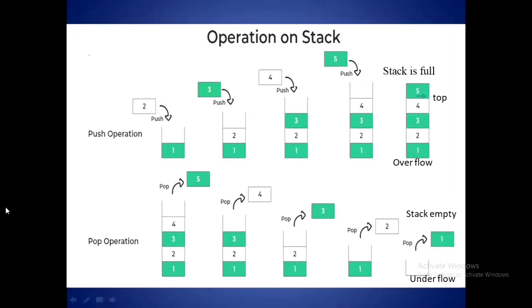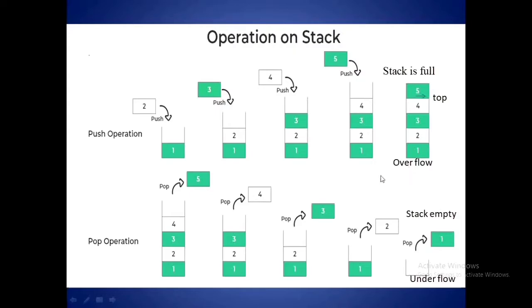Next step, add the data element to the stack location where top is pointing. After storing the element, the top pointer is updated and the process is successful. This is the push operation, and if the stack is full, that means overflow.